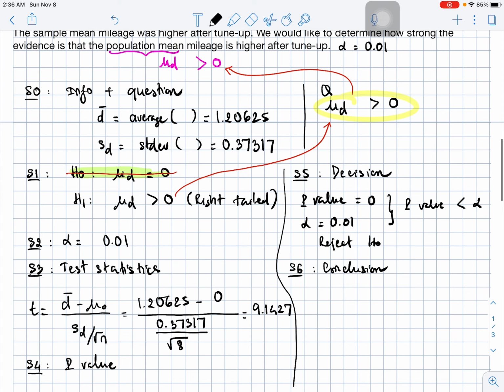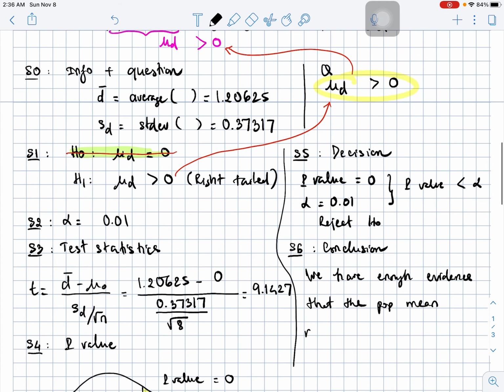So we write out the conclusion that we have enough evidence, or we have strong evidence, that the population mean mileage is higher after tune-up.